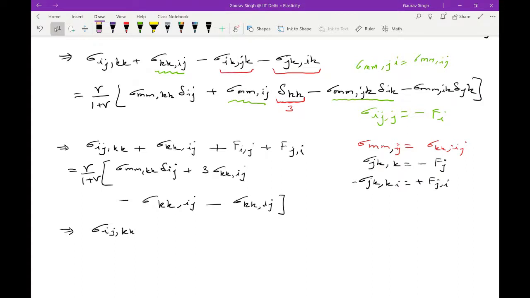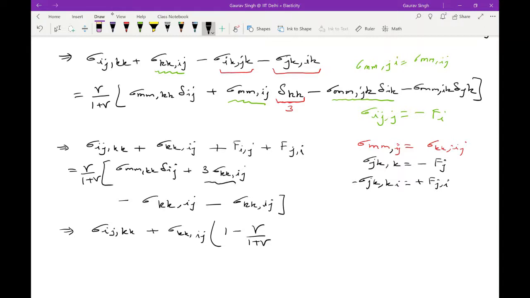Yes, so you will have a sigma kk comma ij, that would be 1 minus nu by 1 plus nu, and what would come with it?